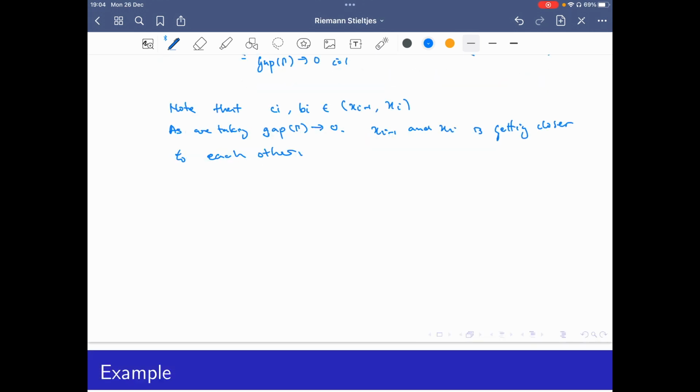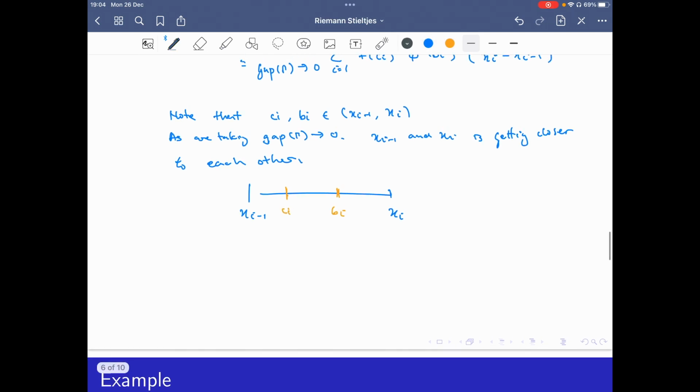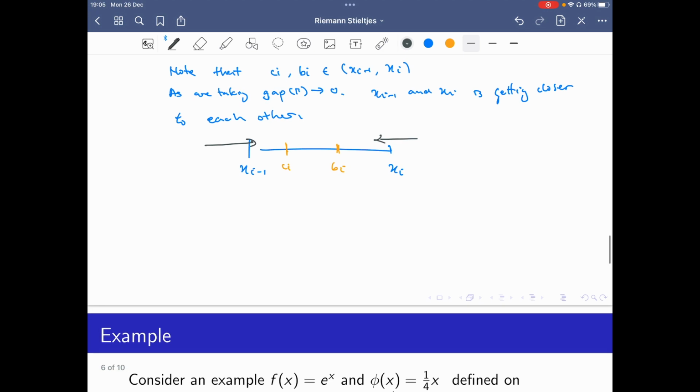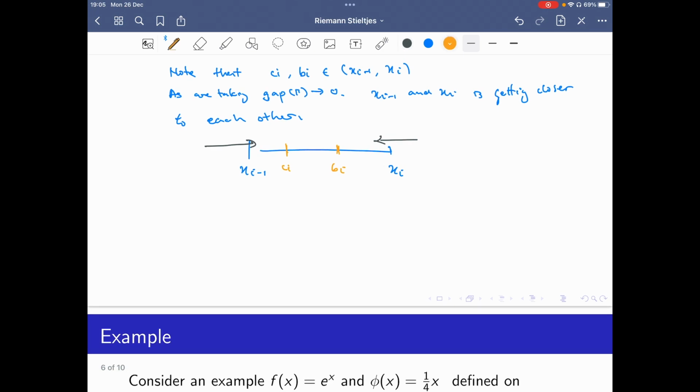For the visualization, it's going to be like that, xi minus 1 to xi, then maybe two points, ci and bi, placed without loss of generality like that. As we squeeze it, taking the limit as the gap goes to 0, you can see they are also getting closer to each other.